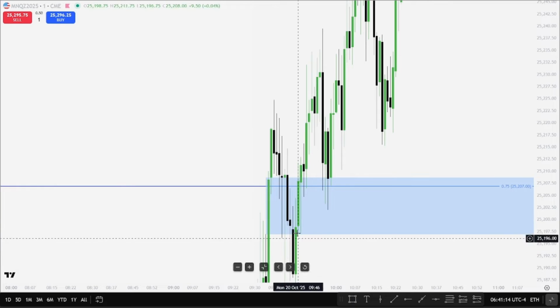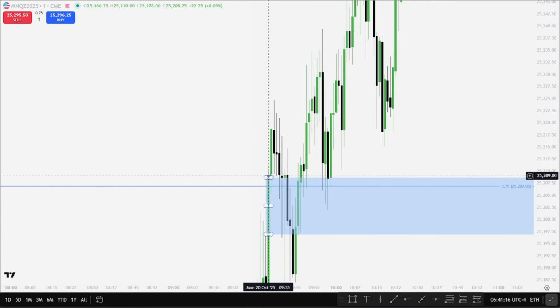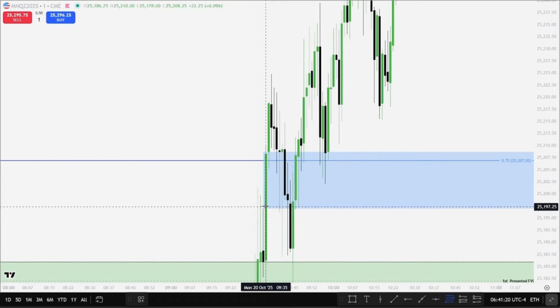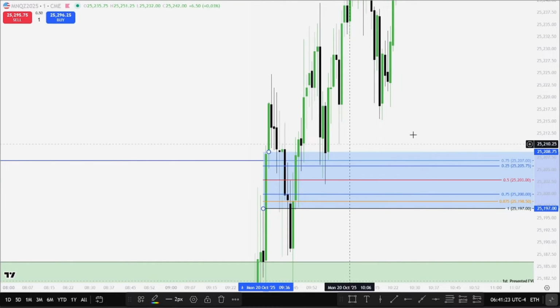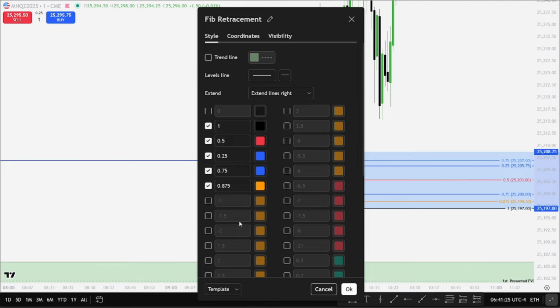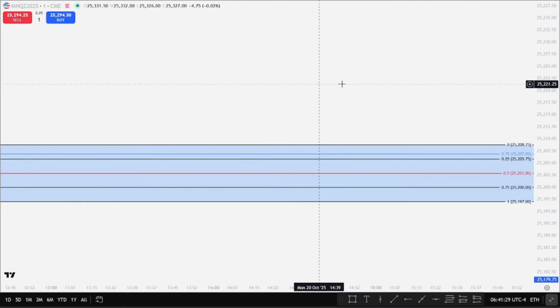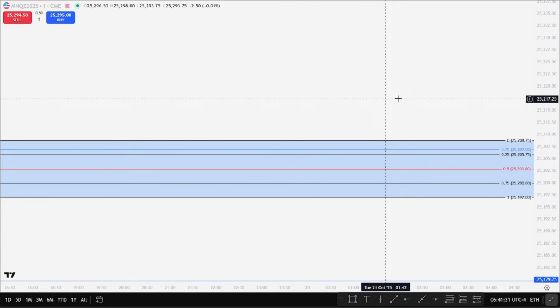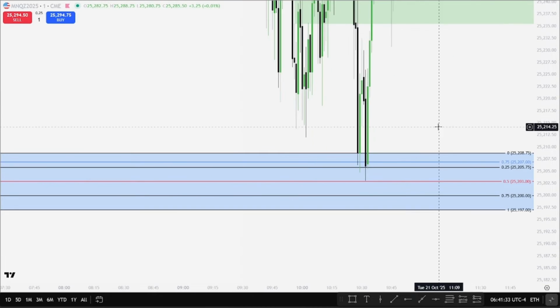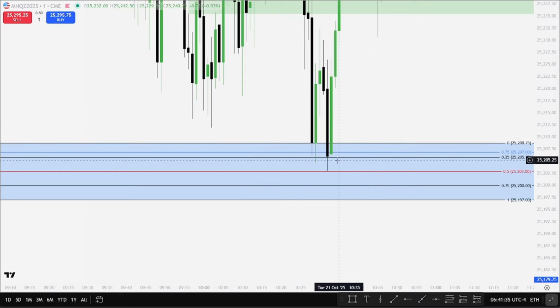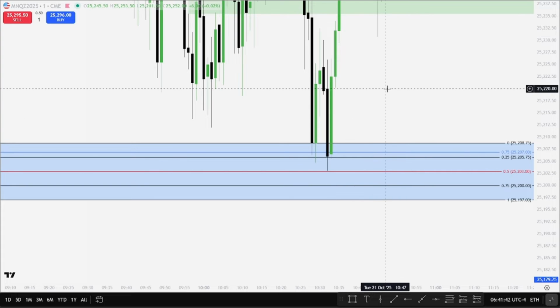This is the only inefficiency. The only one. Let's make these levels. It's not random, buddy. It's not random why it went here. This is not random.